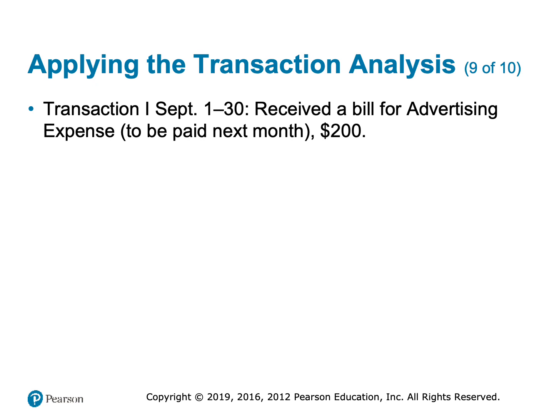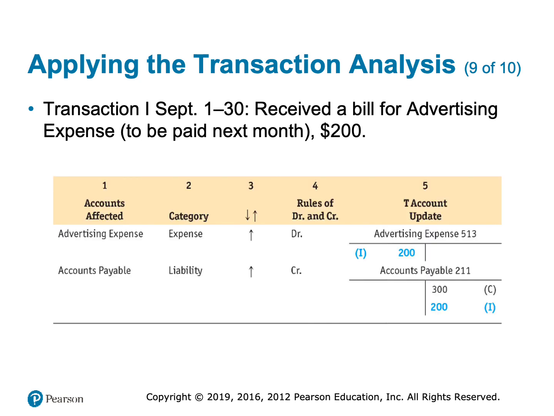Remember, liabilities have a normal credit balance, meaning they get increased on the credit side. So I want to credit that account to show I have more debt. I'm going to credit accounts payable, and then I'm going to debit advertising expenses.